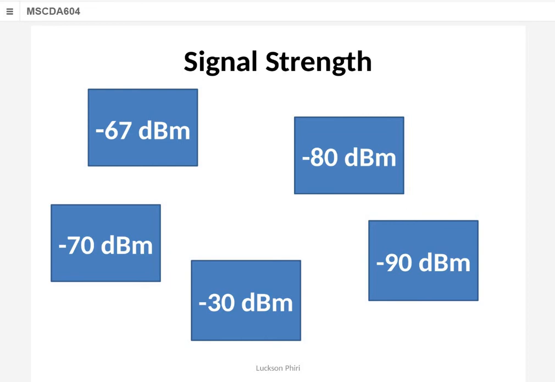Right, so this is data, with -7 dBm, -70, -30, -80, -90. If you are asked to choose the signal strength that you would want to use for internet browsing, which one would you choose?